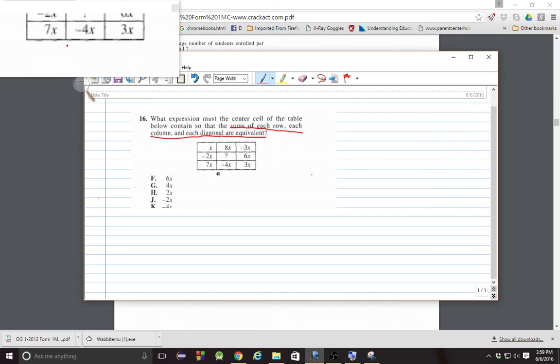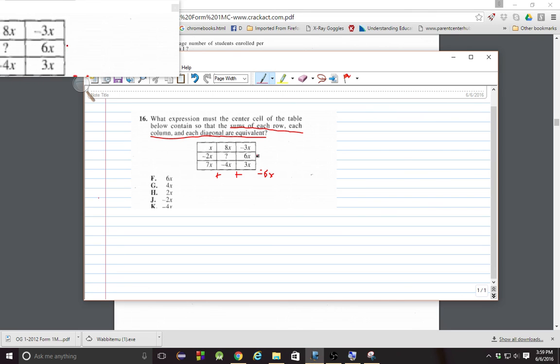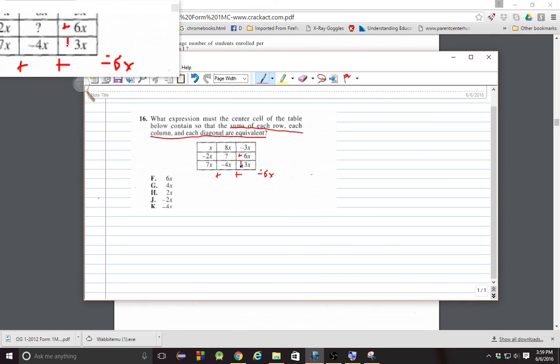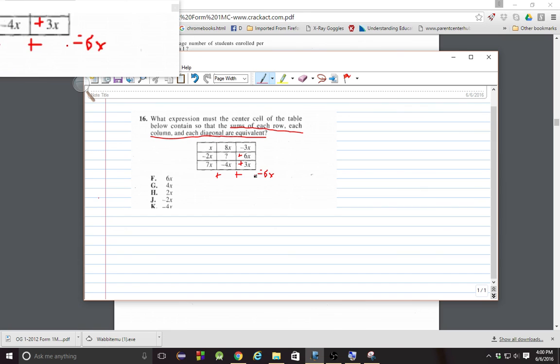So 7x plus negative 4x plus 3x equals what? Well, 7 minus 4x is 3x, plus 3x is 6x. So we have 6x.